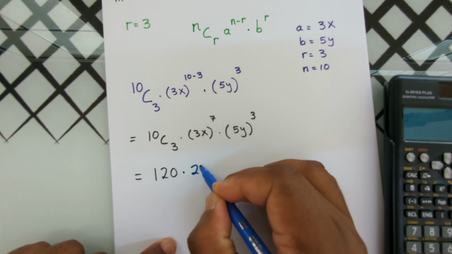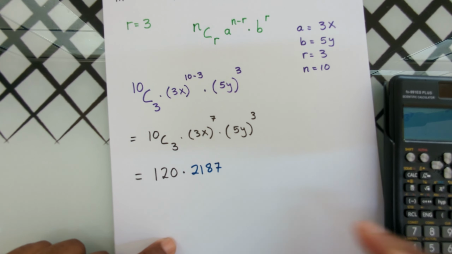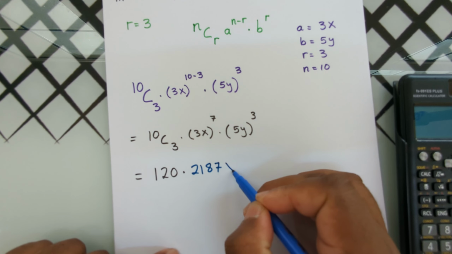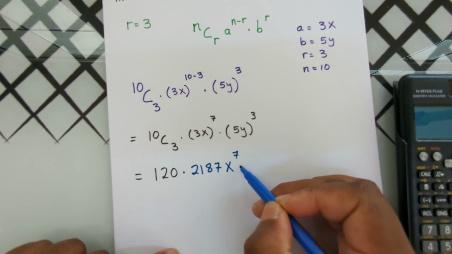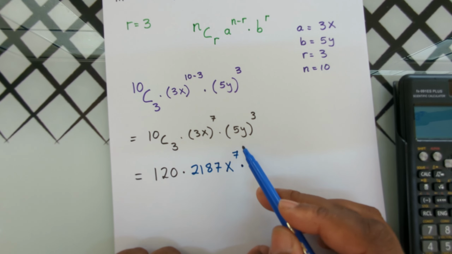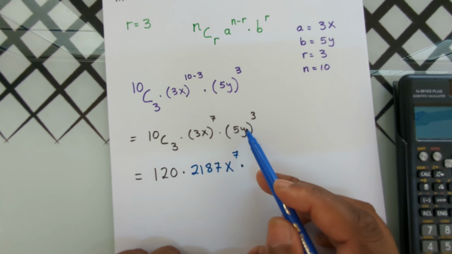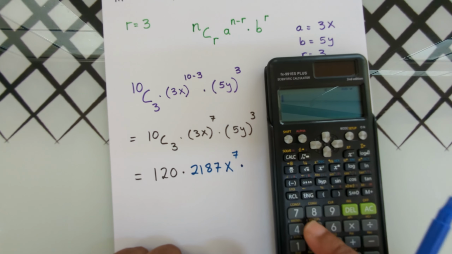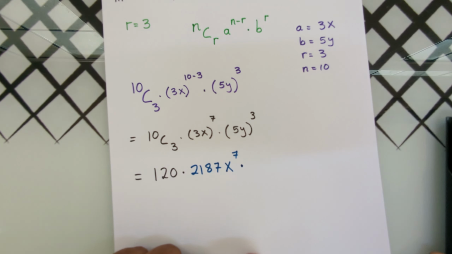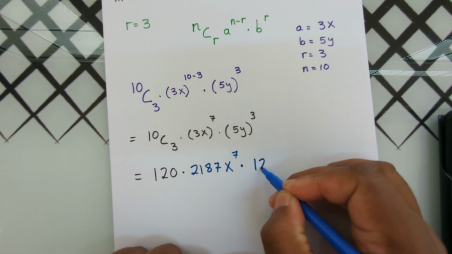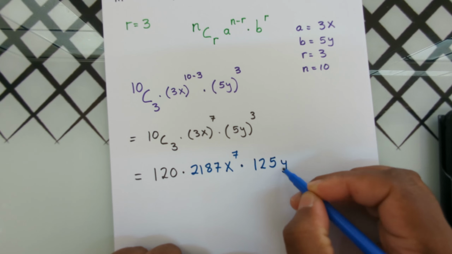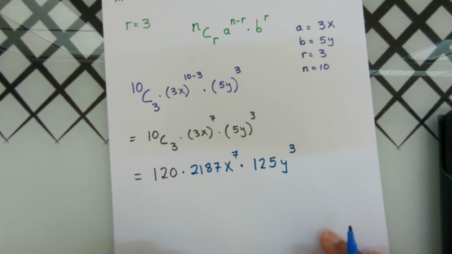So multiplied by 2187 multiplied by x to the power 7 and multiplied by 5 to the power of 3. 5 to the power of 3, let's take our calculator, that's 125. So this is being multiplied by 125 y to the power of 3.